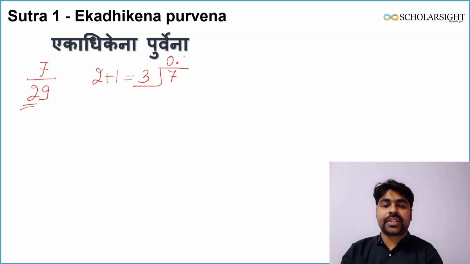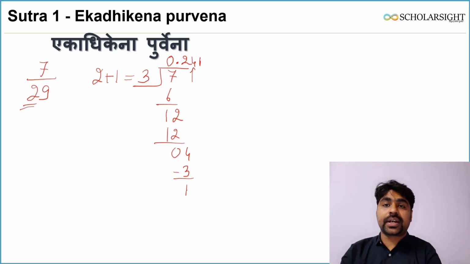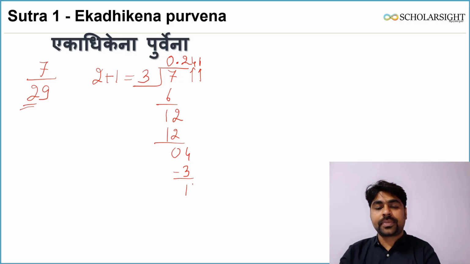Let's see. 3 2s is going to be 6, 1 here, 2 will get copy pasted here, 3 4s is going to be 12, 0 here, then 4 will get copy pasted here, right? So 3 1s would be 3, 1 will be coming here, again 1 will come, so 11, so 3 3s is going to be 9, 2 here, right?